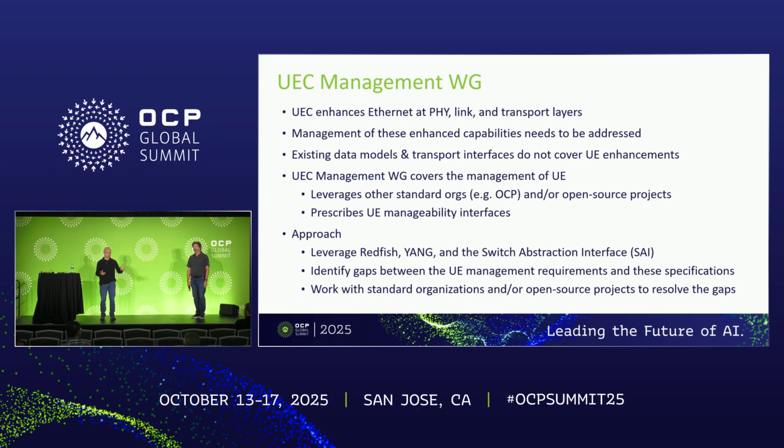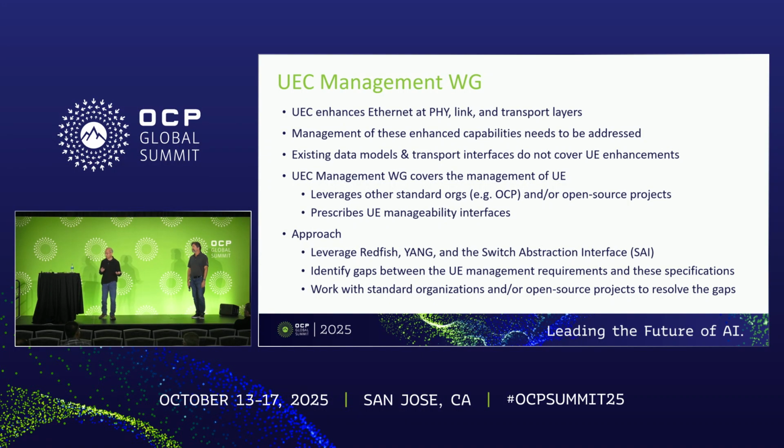Okay, so we're going to describe the unique manageability interfaces that UE needs. The general approach was Redfish, which you've heard a lot about today, YANG, and then the SAI abstraction layer, which is actually also owned by OCP. The only aspect here is YANG, where we have to go talk to either IETF or OpenConfig to get that worked through.